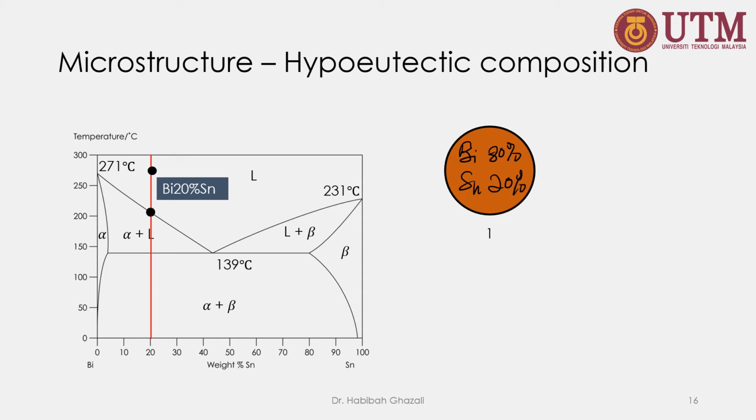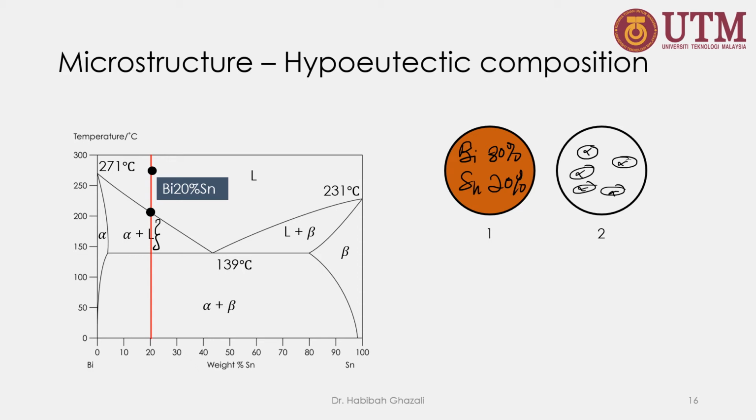As the temperature drops and reaches the liquidus line, nuclei of alpha solid solution will start to form, will start to crystallize. Within this region, these nuclei will grow bigger and bigger.